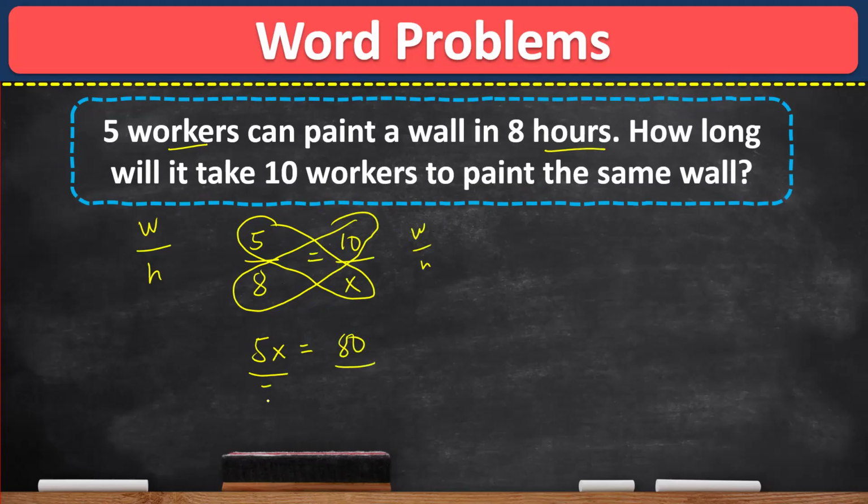Then simply divide both sides by 5. So 80 divided by 5 is equal to 16. Meaning it will take 16 hours for 10 workers to paint the same wall.